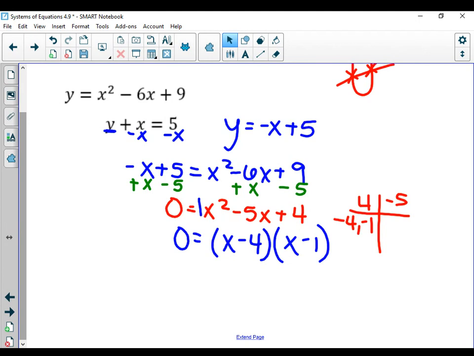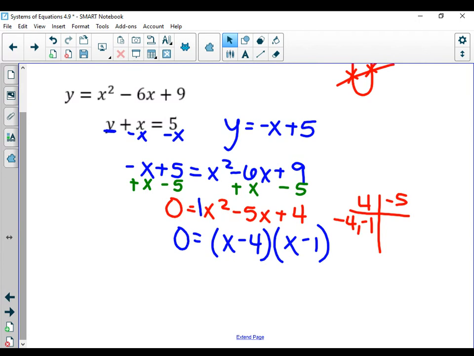But then we would group the first two together. Your teacher might have used parentheses. I like to draw underneath so it doesn't mess anything up. Here I can take out an x. I'm left with an x minus 4. Here I can take out a -1, x minus 4. What do I see twice? x minus 4.